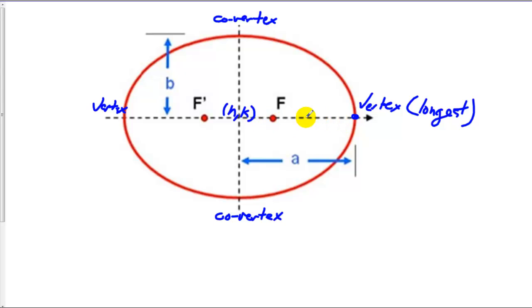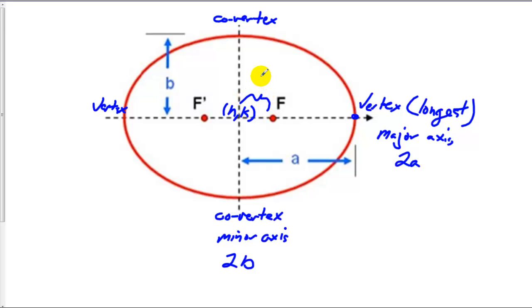And we call the axis that's made up of the vertices the major axis, and that has a length of 2a. We call this other axis here the minor axis, and that has a length of 2b. The length from the center to a focus point is c.